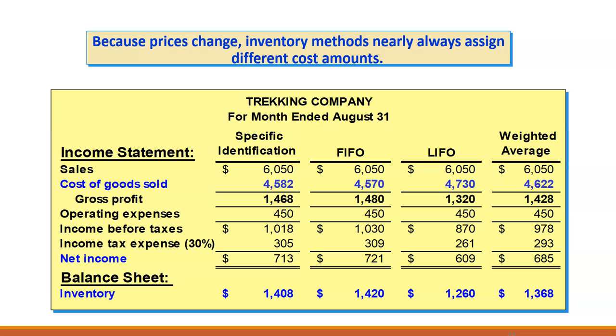If we use the LIFO method of inventory, we can reduce the amount of taxes that we're going to have to pay. So then because our cost of goods sold is higher, our income before taxes will be lower than any other inventory costing method, and therefore our net income will also be lower. But we have less of a tax liability.